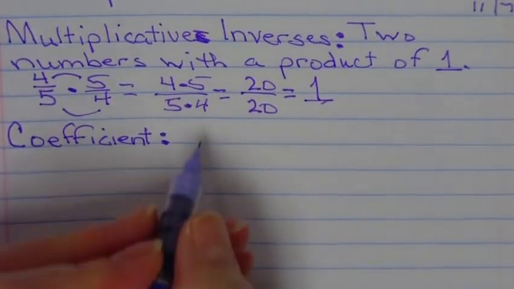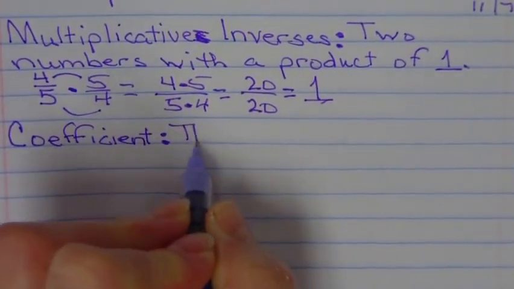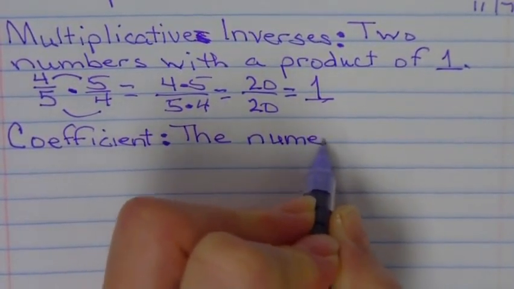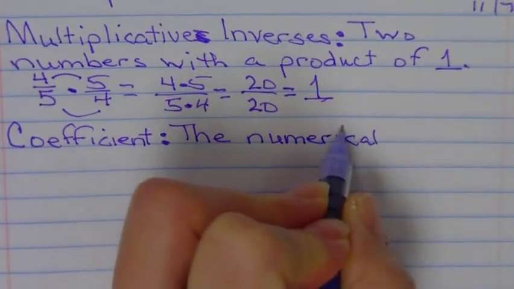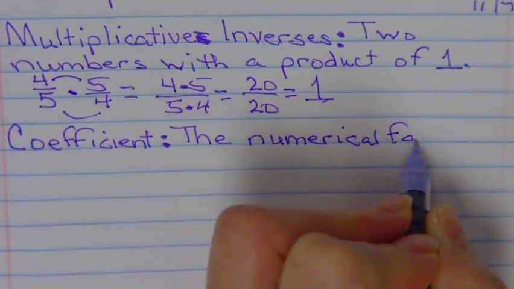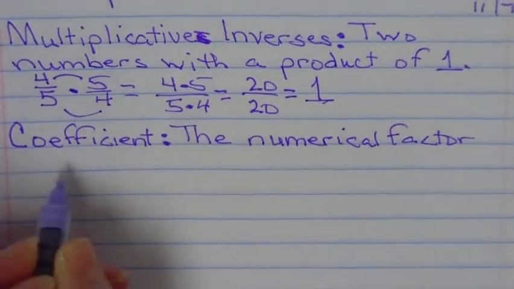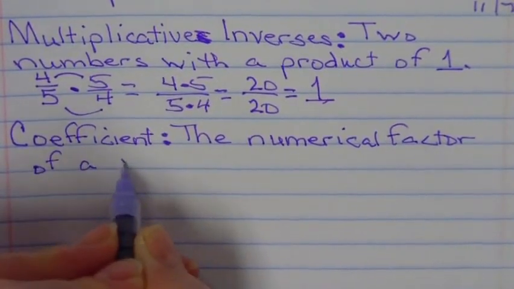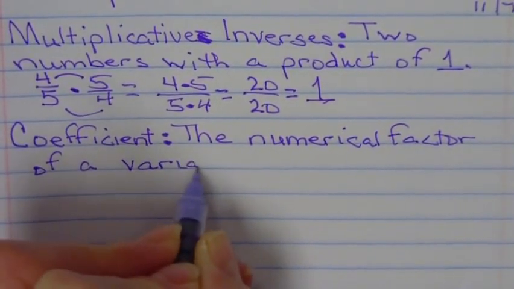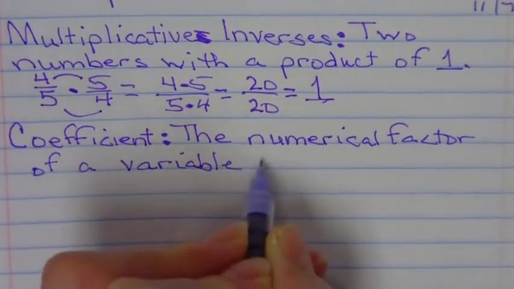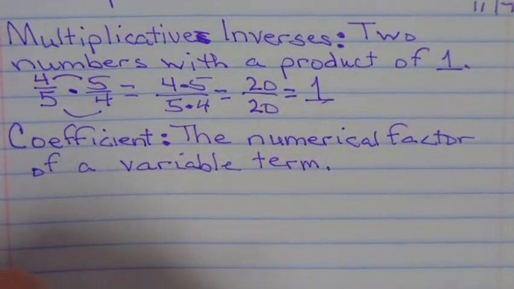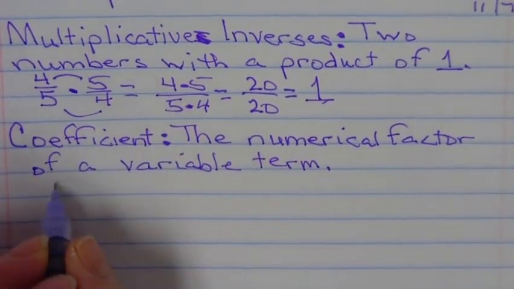All right, so a coefficient is the numerical factor of a variable term. That is a lot of math speak. So let's give some examples.